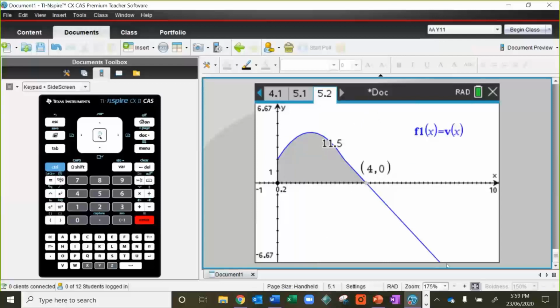Then it changes direction and goes back to the original position. So what we have in here, the area under this part, 11.5, has to be equal to the area of this triangle. How to find the time taken for the particle to return to its original position?